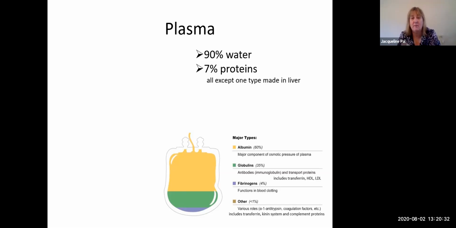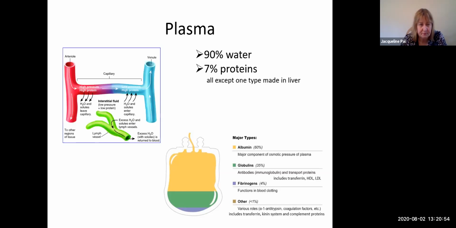So these are your antibodies. Another group are fibrinogens, which have to do with blood clotting, which you'll learn about when you learn the physiology of blood clotting, and various other factors, some which carry iron in the blood, some which have to do with immune functions, and then other things that you'll learn in various courses.